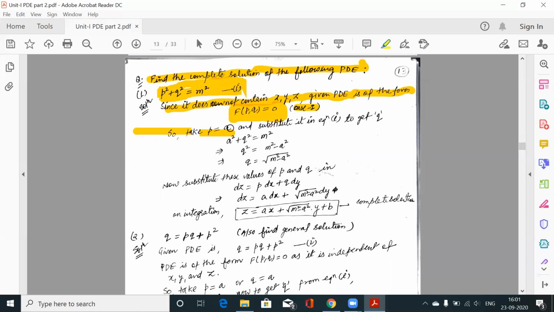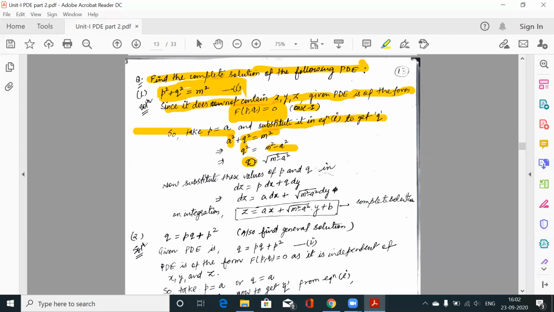We have to find the value of q. So p is a, and we substitute this value in equation 1 to get q. The equation is p square plus q square is equal to m square. Now for p, we can write a. So a square plus q square is equal to m square. So q square is equal to m square minus a square.